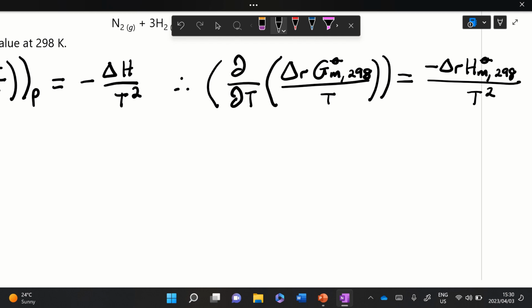So that means we can write the Gibbs-Helmholtz equation in this form.